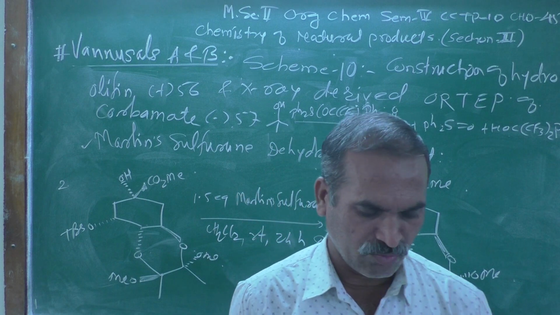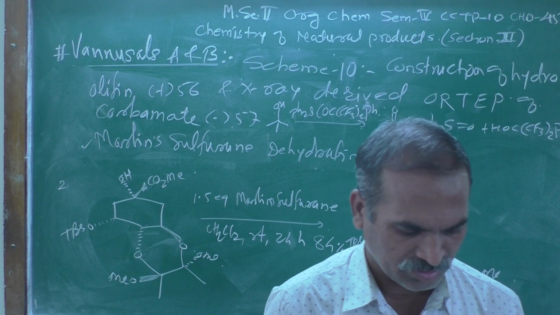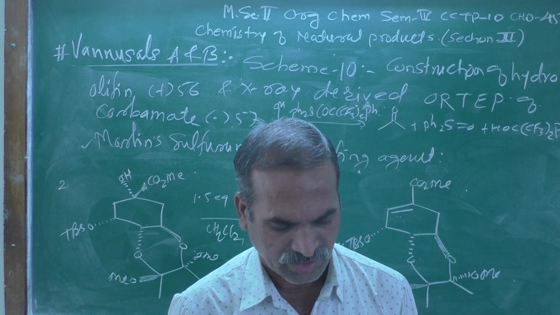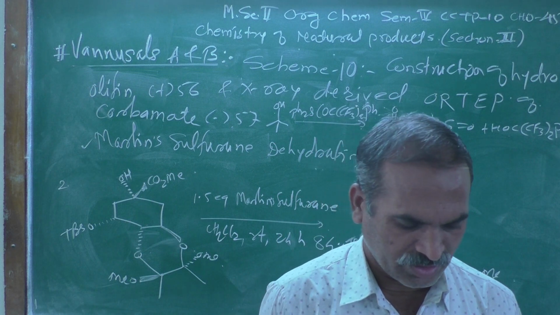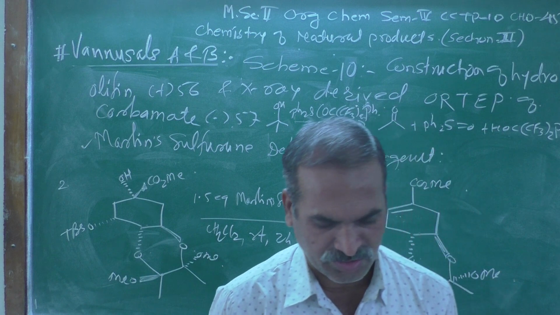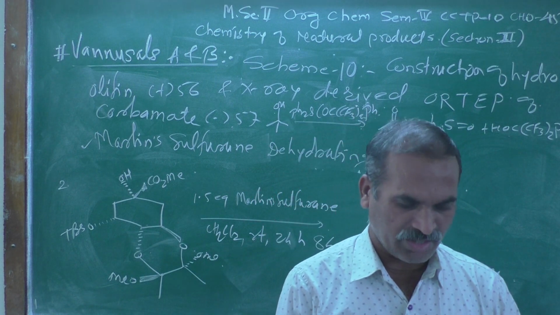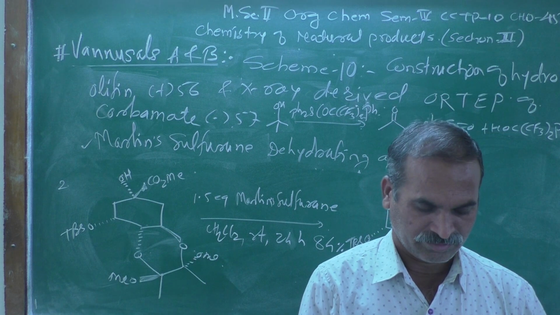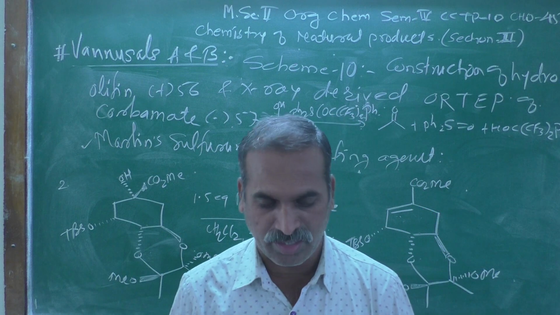The latter involved oxidation of 52 with NMO and TPAP catalyst, 96%, then reduction, selective enol triflate formation with KHMDS and PhNTf2, and other reagents and conditions used in scheme number 10.